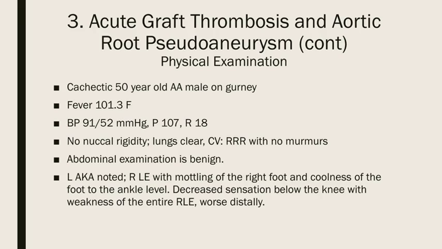He had a left AKA, so again, signs of peripheral vascular disease, right? His right lower extremity had some mottling of the right foot and coolness of the foot to the ankle level. He had decreased sensation below the knee with weakness of the entire right lower extremity, particularly distally. And I'm sorry I did not publish the photo in this case report, so I don't have that to show you.